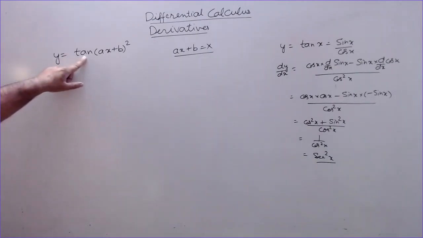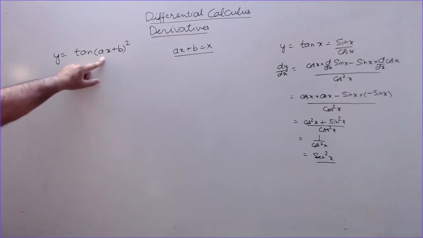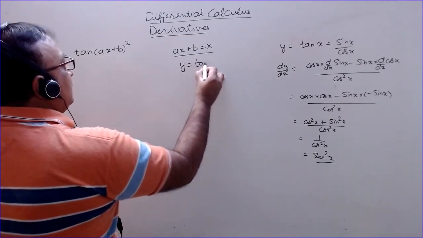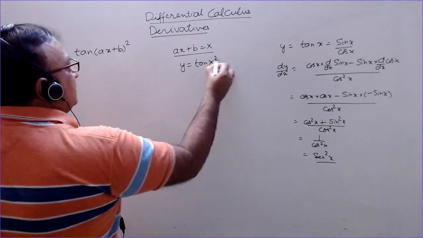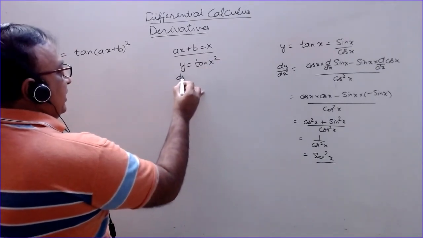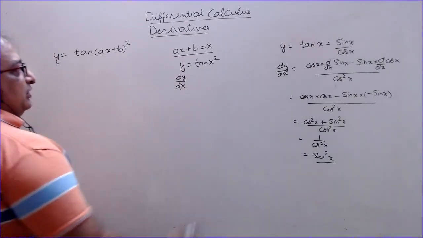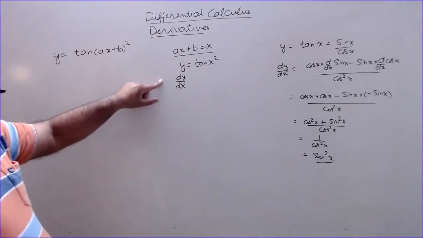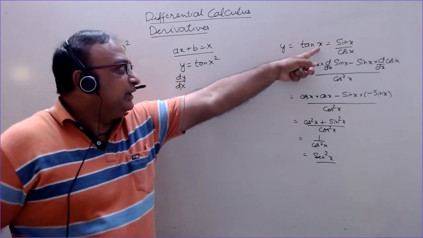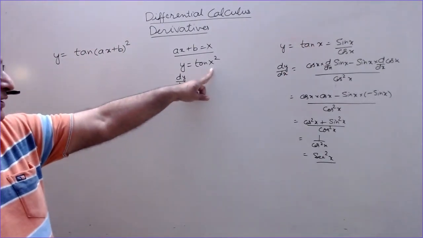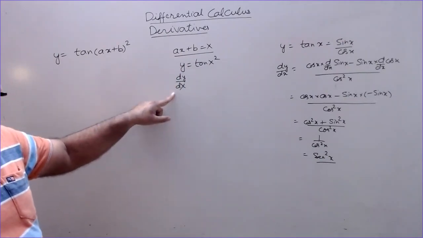The function is tan of this. So y is tan of X square. What we have to find is dy by dx. Here this is small x, so dy divided by dx. Here we have capital X, so this is dy divided by dX.